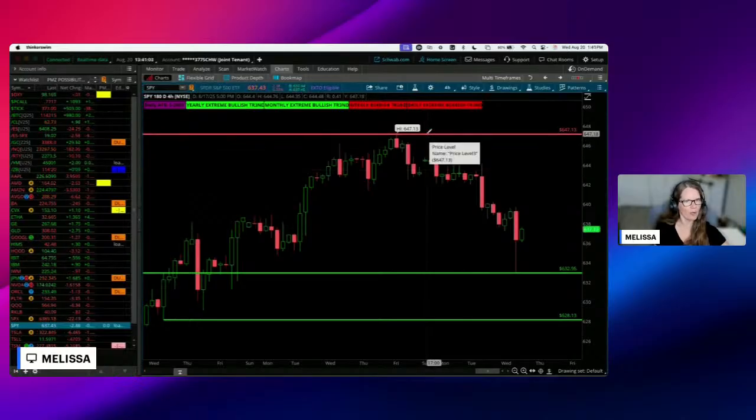Now I want to put on some crown molding. All right, I'm going to do the same thing. I'm going to look at these recent topping wicks, these recent pivots that caused price to go to the downside. And I'm going to look and see where exactly is that lowest topping wick. And it's right here. All right.